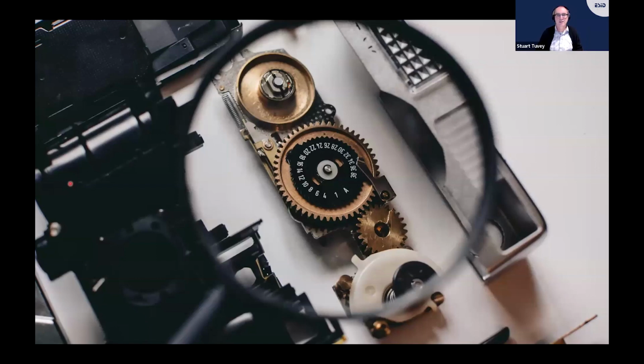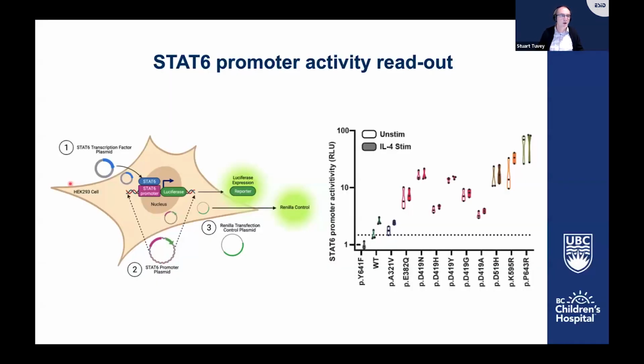I'll very briefly go into some of the mechanism as we're really brief here, but one very nice workhorse assay that we've been able to use is a luciferase assay that measures the STAT6 promoter activity.